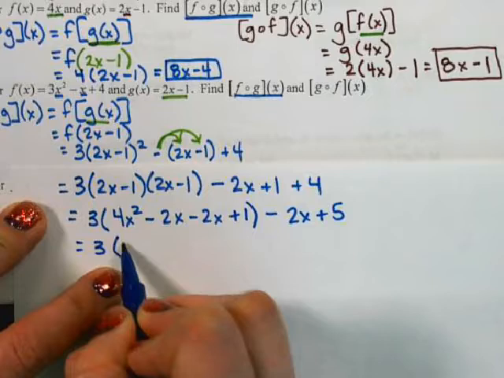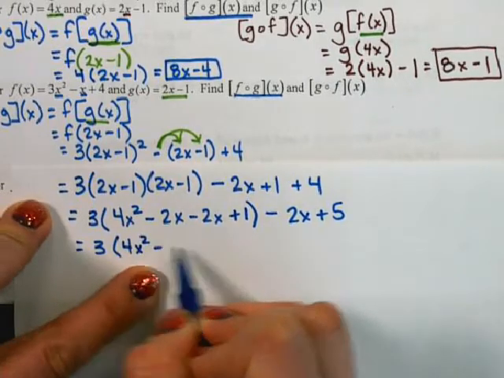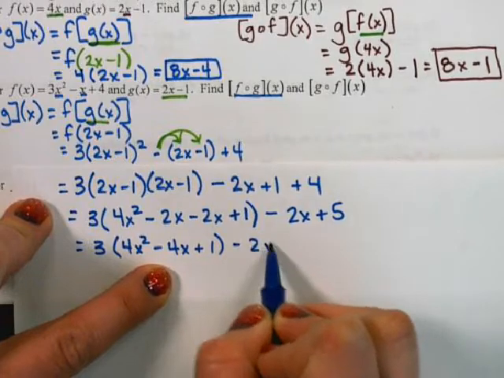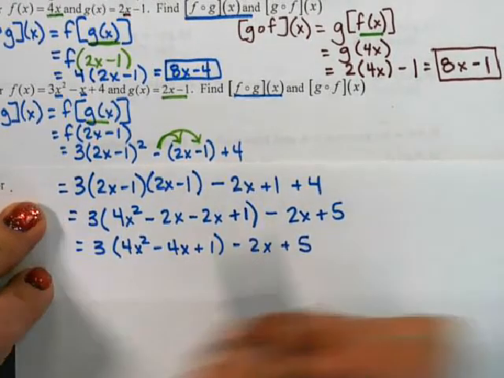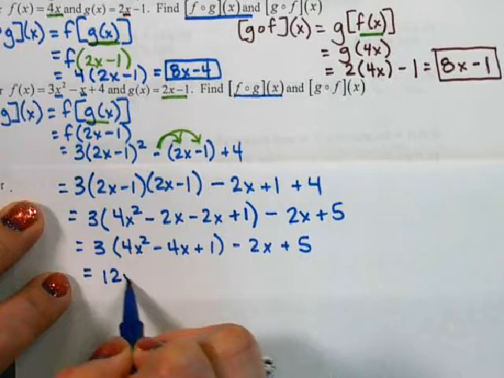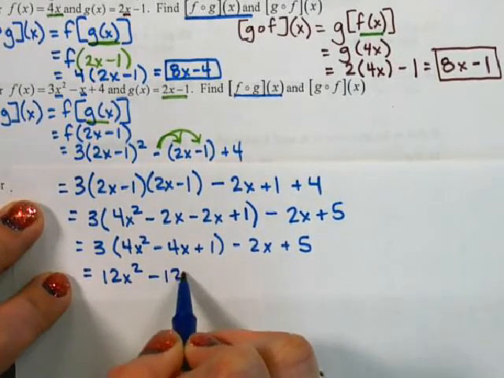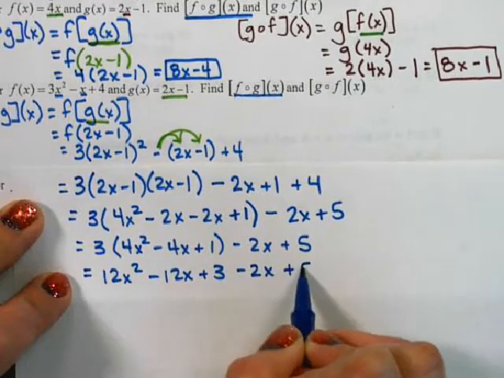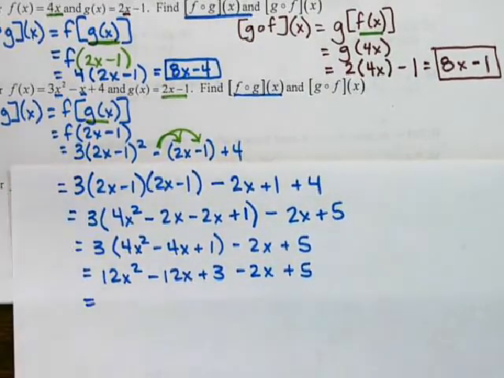3 times 4x squared minus 4x plus 1. Again, if you can do that all in one step, I'm fine with that. 12x squared minus 12x plus 3 minus 2x plus 5. I'll stop. I was going real fast there. Sorry. Head down and in the zone.